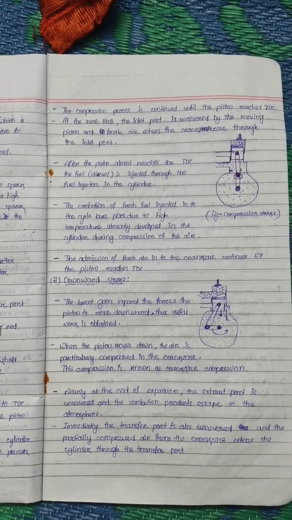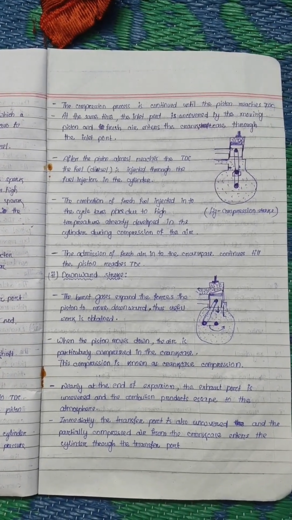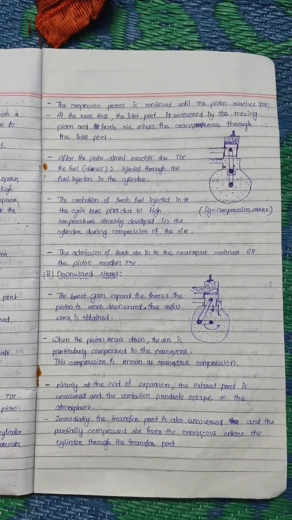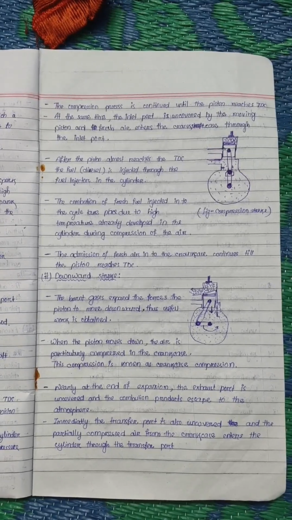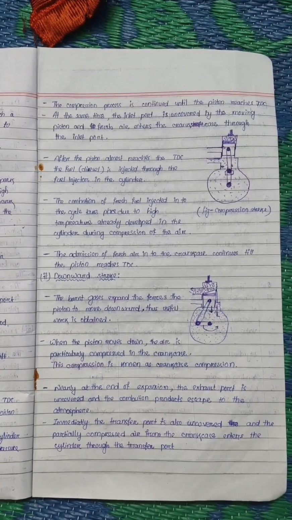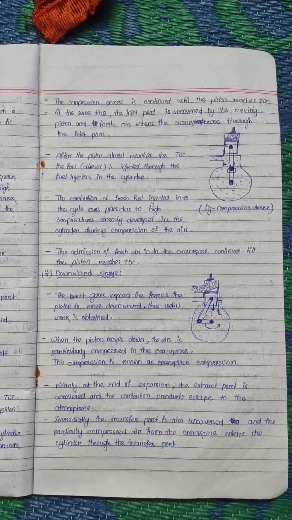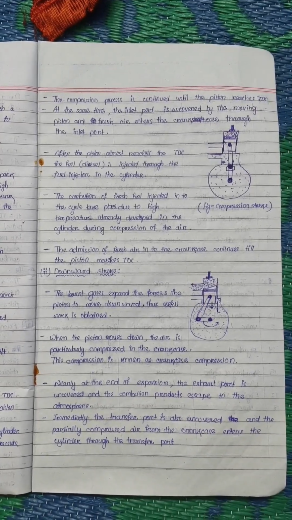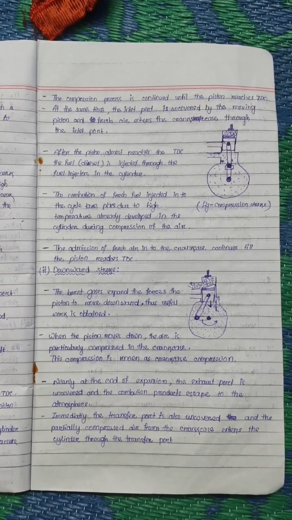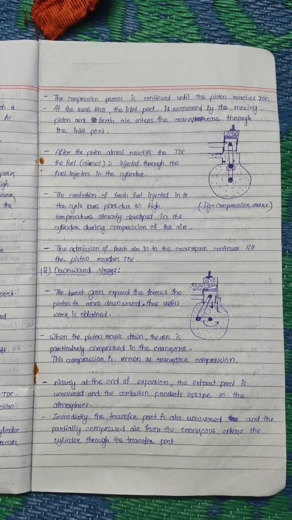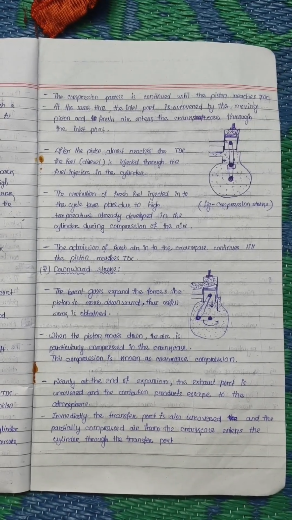At the same time, the inlet port is uncovered by the moving piston and fresh air enters the crankcase through the inlet port. After the piston almost reaches the TDC, the diesel fuel is injected through the fuel injector into the cylinder.